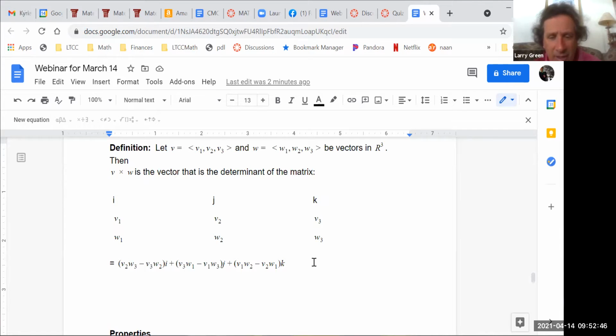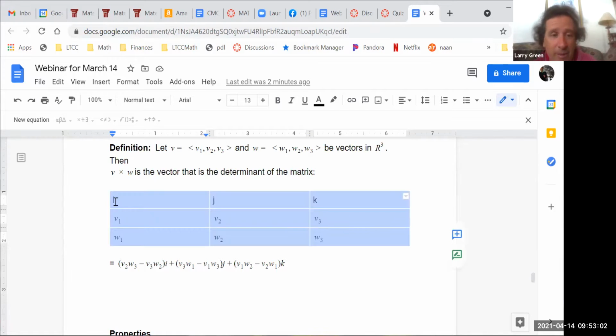Any questions at all on the definition of the cross product? Okay, so I'll tell you honestly, it's so much easier to remember if you can remember the matrix. It's really obvious how to write the matrix.